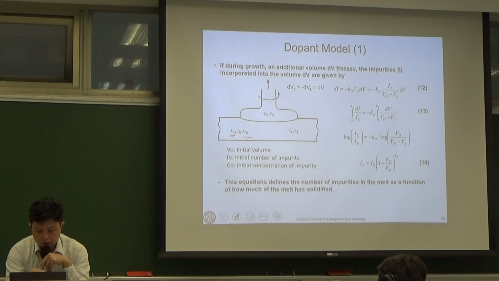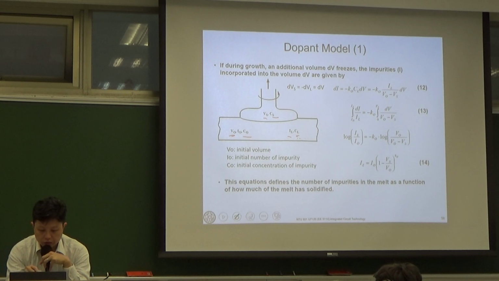And this IL and CL, or IS and CS, are defined as the impurity number or concentration in the liquid and in the solid at a certain time. During the growth, as time goes by, some volume will freeze.